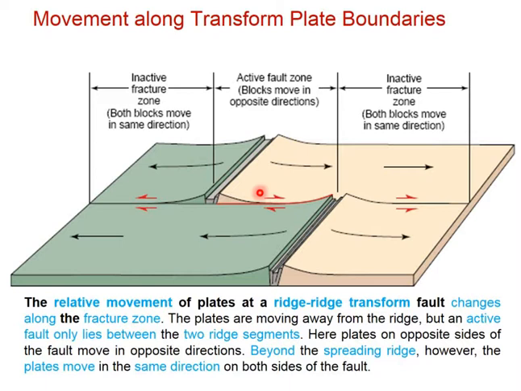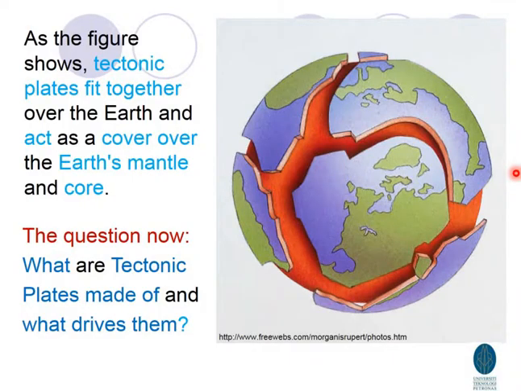Beyond the spreading ridge, where the plates move in the same direction on both sides of the fault, is called the inactive fracture zone.